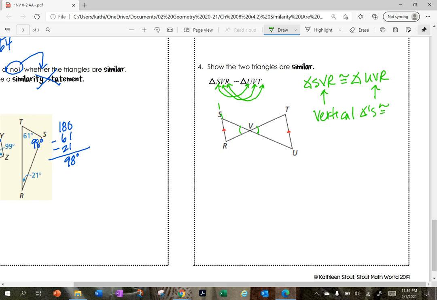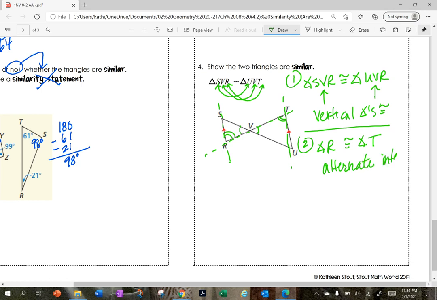And then I have parallel lines here. When I have parallel lines that are cut by a transversal, my alternate interior angles are congruent. So I could say for my second pair of angles that angle R is congruent with angle T. These are alternate interior angles, which are congruent.